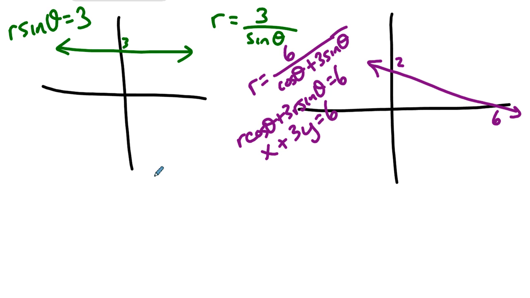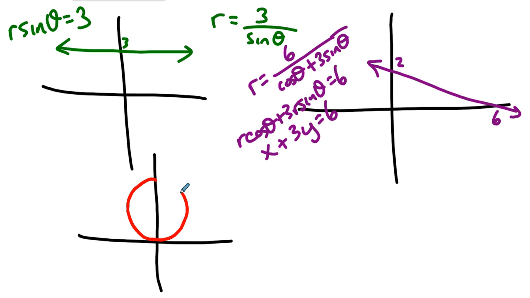There are some other curves you should be aware of. R equals 4 sine theta is a circle. It's a circle up here. This is r equals 4 sine theta. It's centered at 0, 2 in the rectangular coordinate system, and it's got a radius of 2, a diameter of 4.